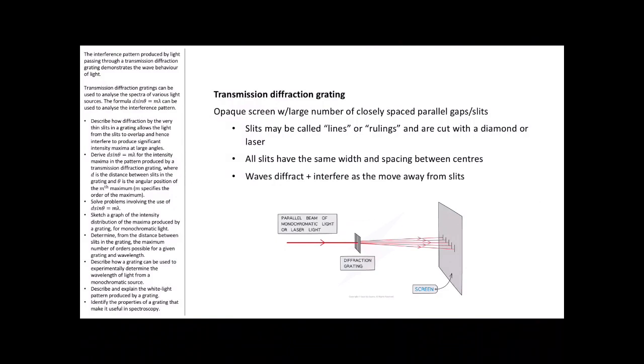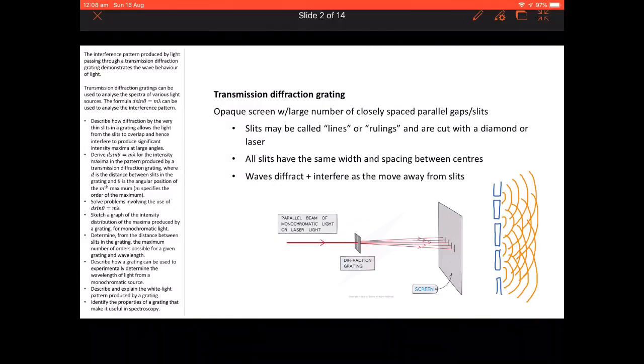What is actually happening is, if you imagine looking at this from a bird's eye view, then light will be propagating through each of these gaps.